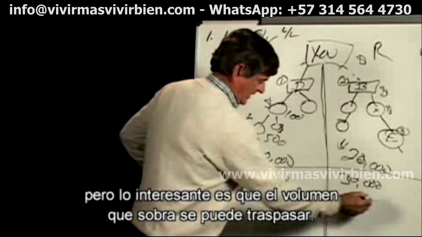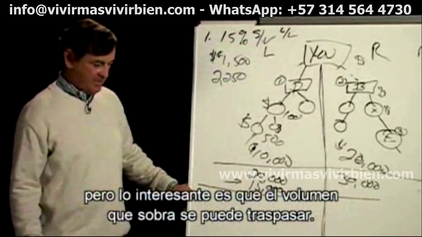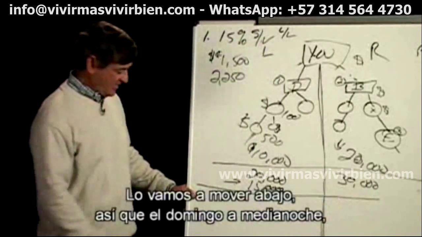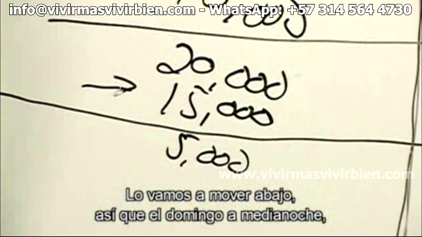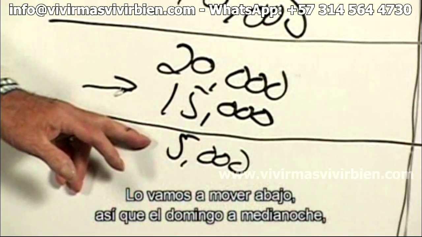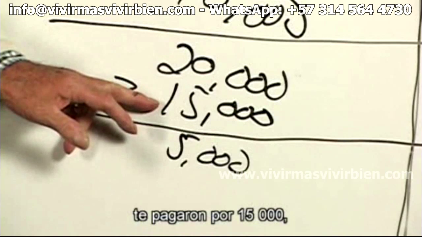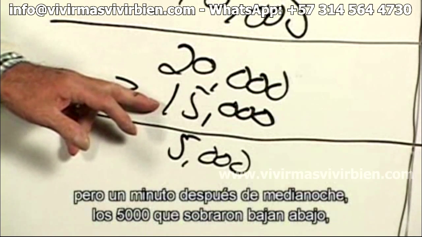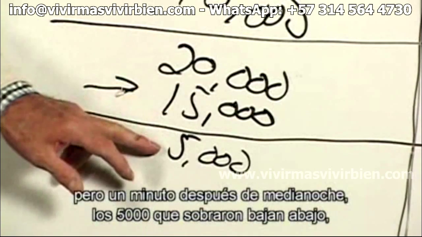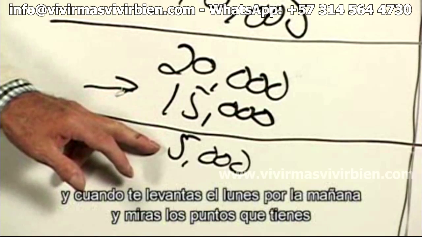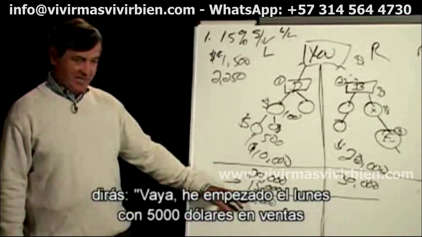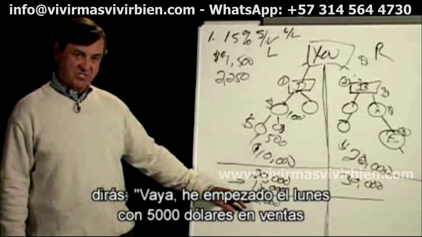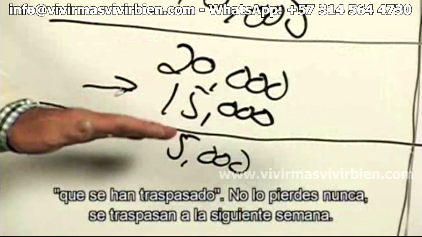But what's interesting is that extra volume is carryover. It's just going to move down. So Sunday night at midnight, you were paid on 15,000, but at midnight plus a minute, that extra 5 rolled down. So when you wake up Monday morning and you look at your score sheet, you say, wow, I start out Monday with $5,000 in sales that's carrying over.